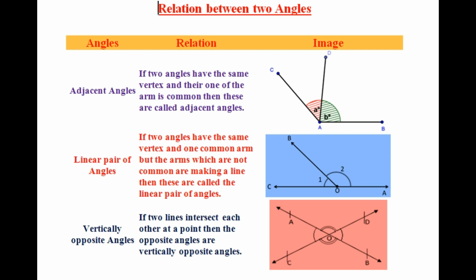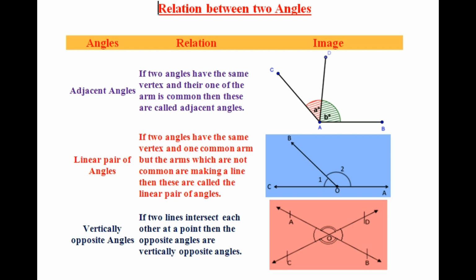Next come to vertically opposite angles. If two lines intersect each other at a point, then the opposite angles are vertically opposite angles. You see two lines, AB and CD, intersecting at one point, that is O. Clear?